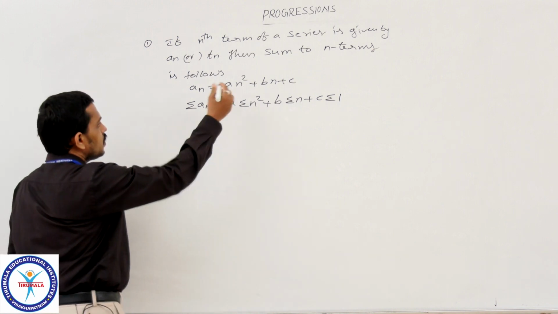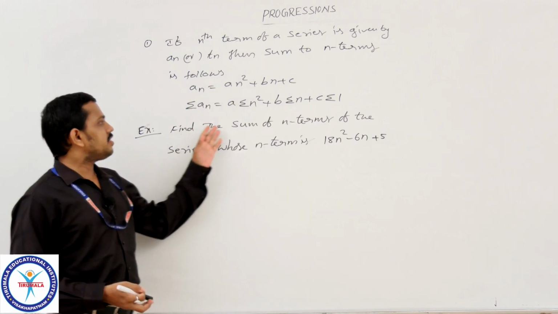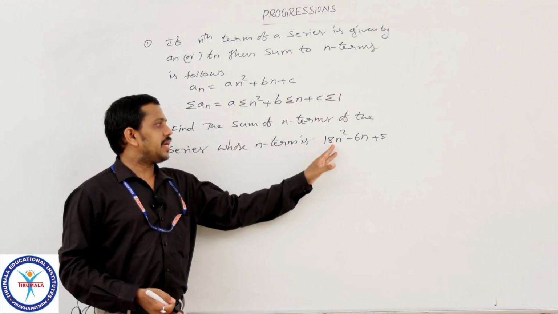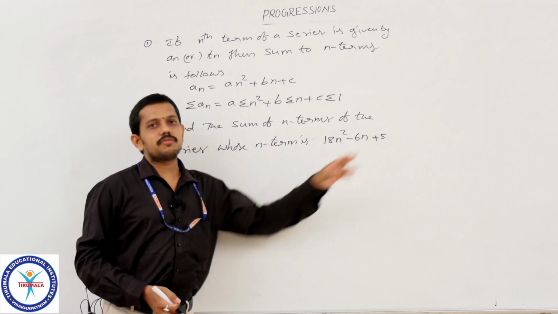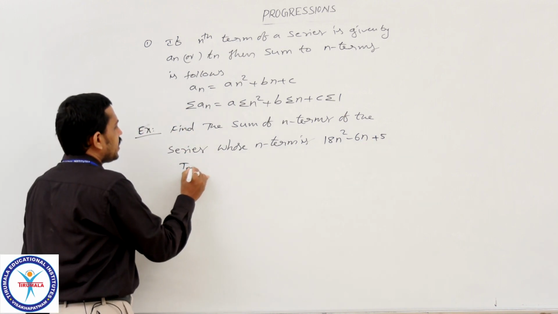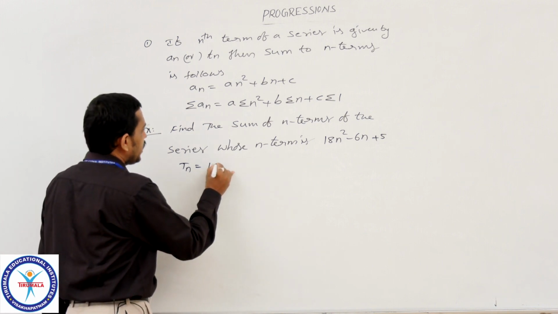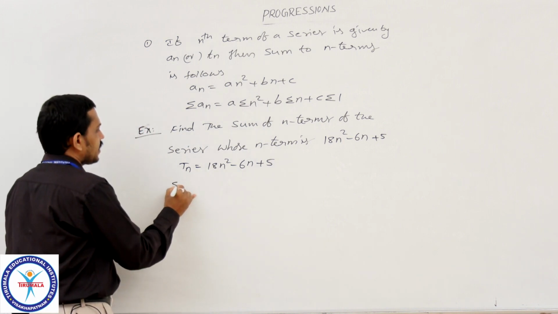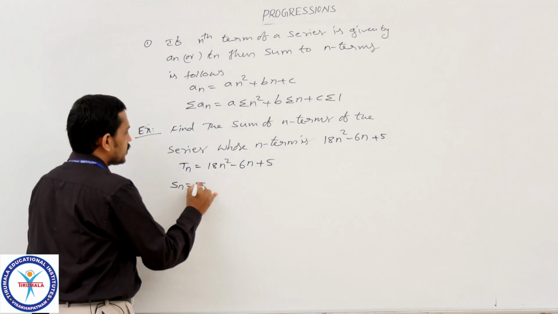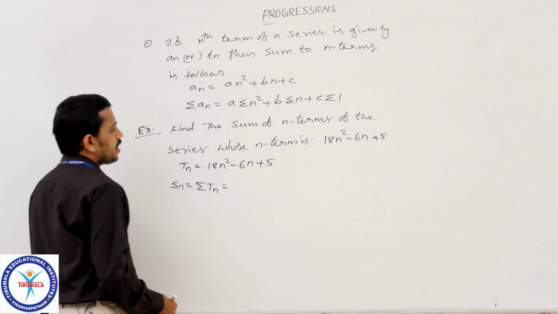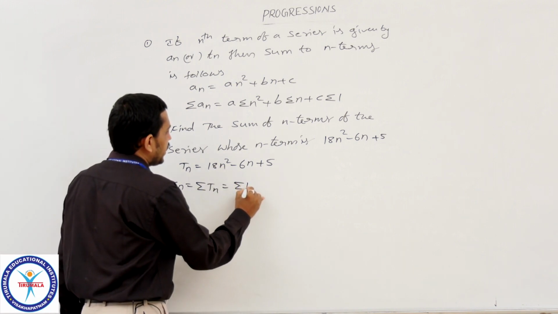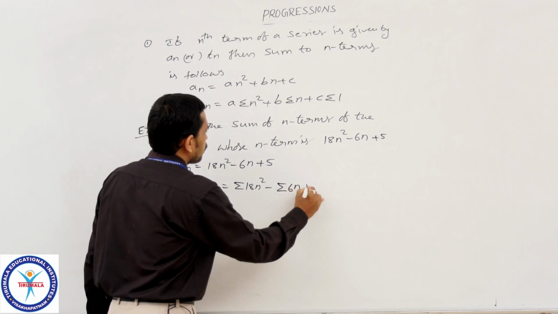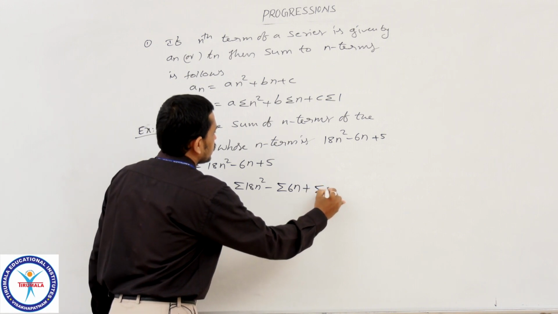Now we will see one example. Find the sum of n terms of the series whose nth term is 18n square minus 6n plus 5. Here Tn is 18n square minus 6n plus 5. Then Sn is the sum to n terms, sigma Tn, which is sigma 18n square minus sigma 6n plus sigma 5.